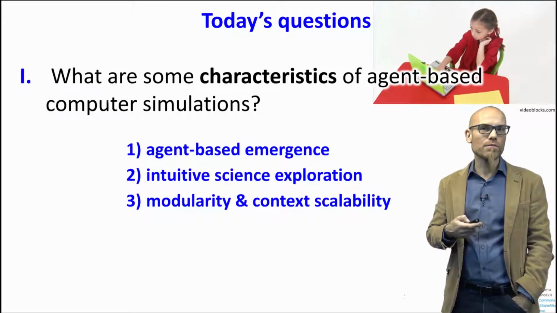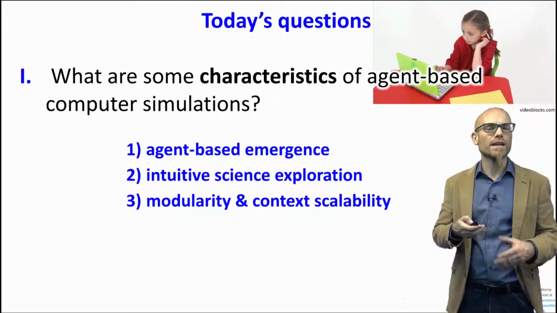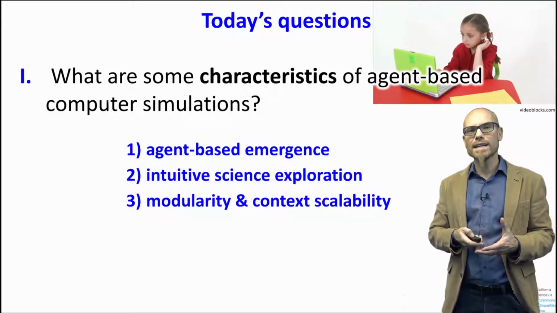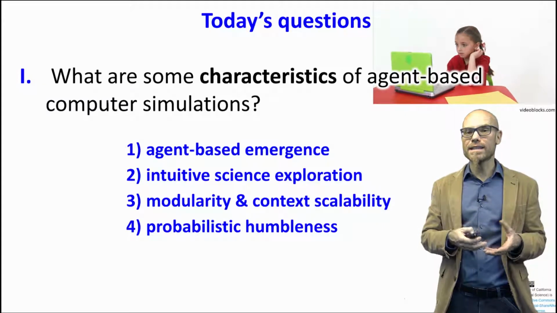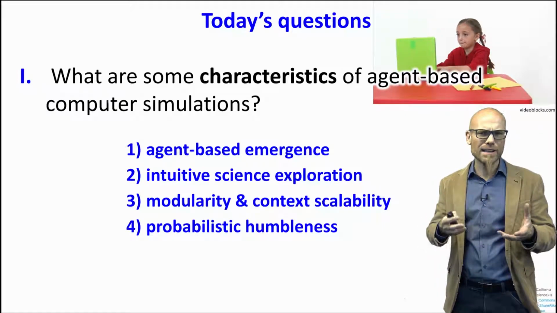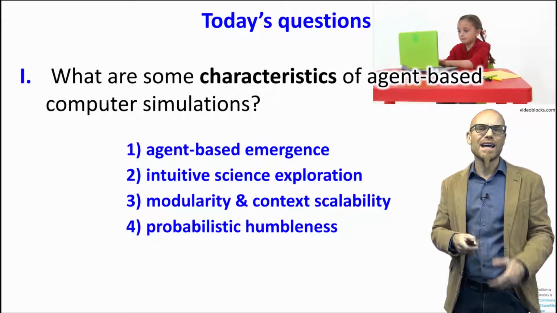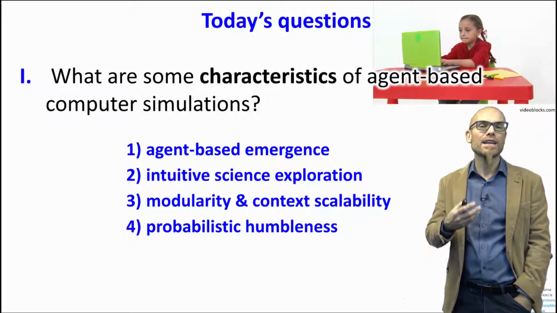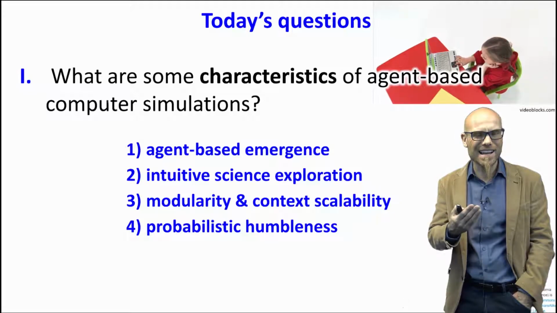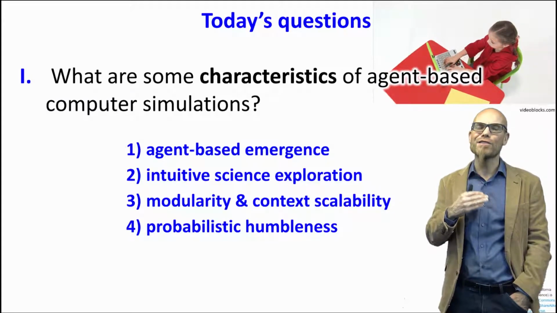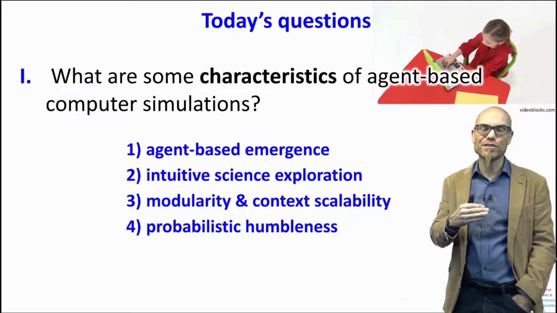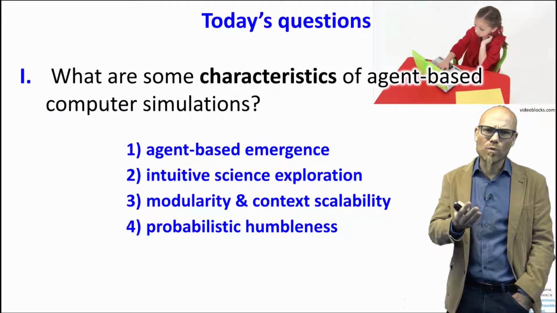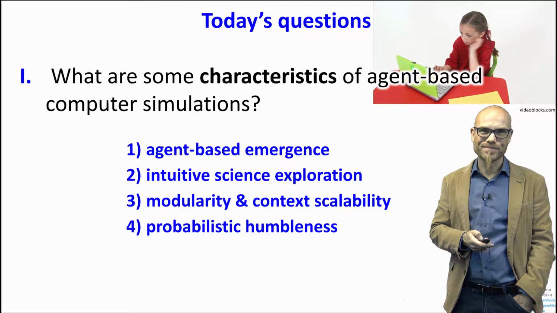That comes from the coding, from the software approach, which enables us to adjust it to different contexts. And fourth, it's inherently probabilistic, as actually every serious scientific method has to be. Now, agent-based models make that very clear, and that introduces a certain kind of humbleness, because we don't have the truth. We can only say what could be likely.